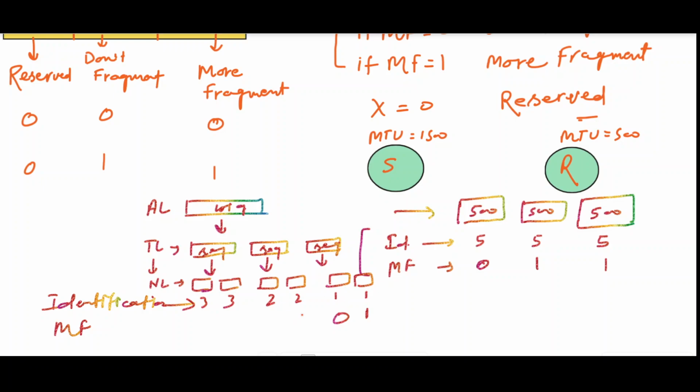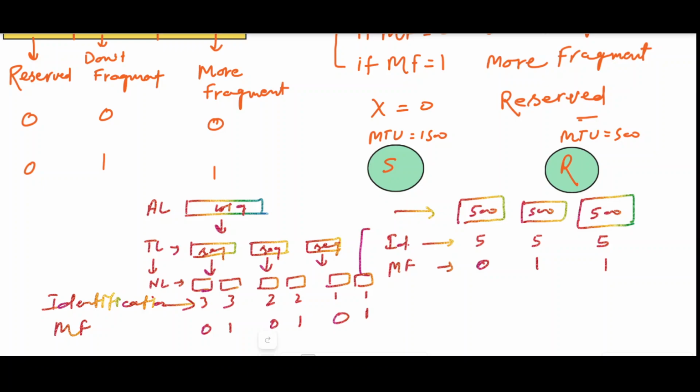Clear? Now here 1, here 0, here 1, here 0. This is the whole information about it. Clear? I think you are understanding this.